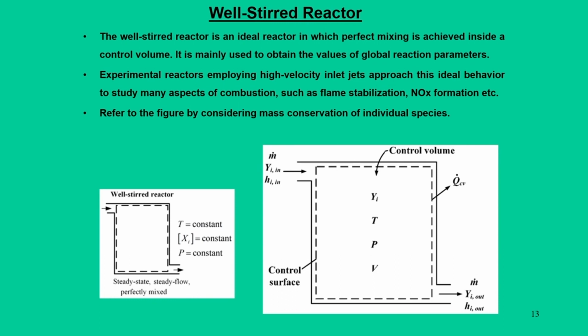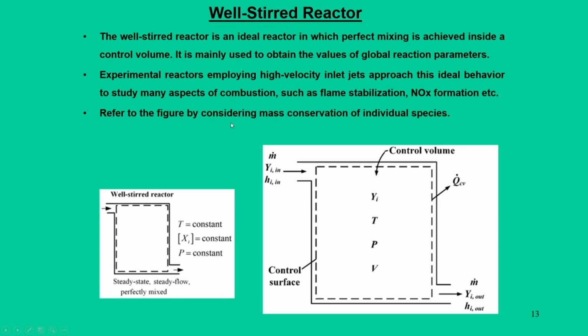When it is modeled, it is modeled with the chemical kinetics of global reactions, not elementary reactions. That means we are not bothered about the elementary species formations. Typically these reactors are employed to study NOx formation behavior and flame stabilization.